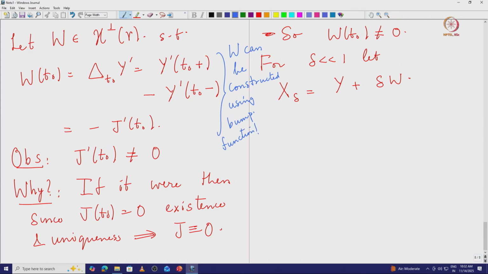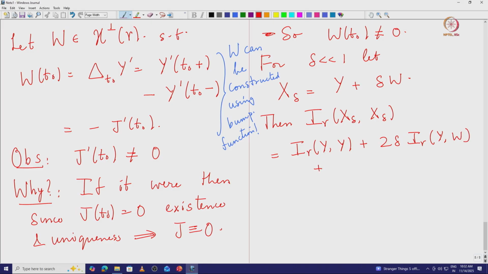In any case, we take this small perturbation and calculate the index. What is the index of this? By the a plus b whole squared formula, this is precisely I gamma of y comma y plus 2 delta I gamma of y comma w plus delta squared I gamma of w comma w.